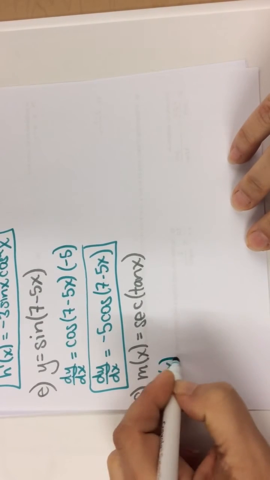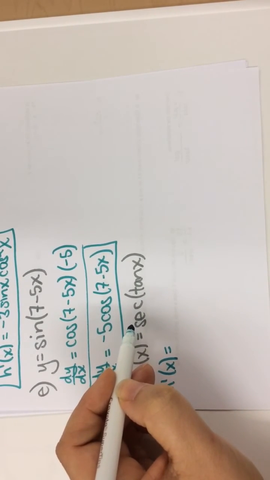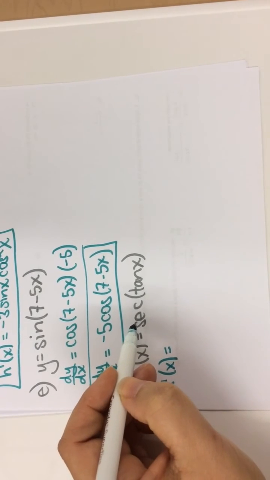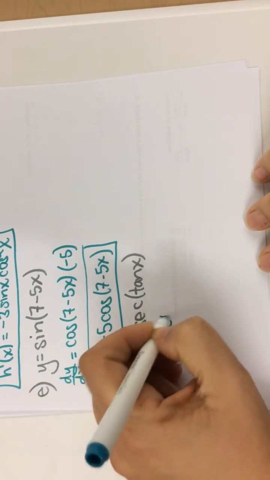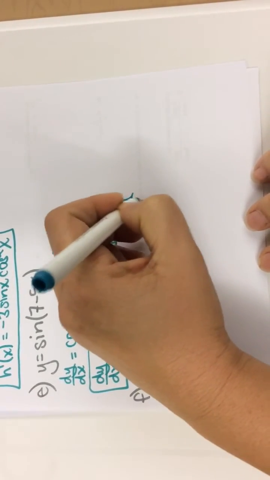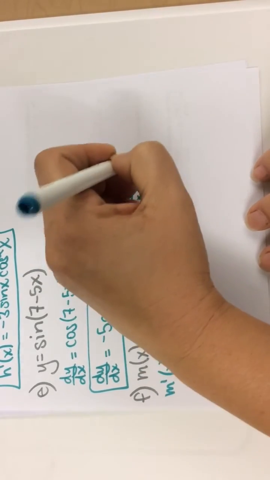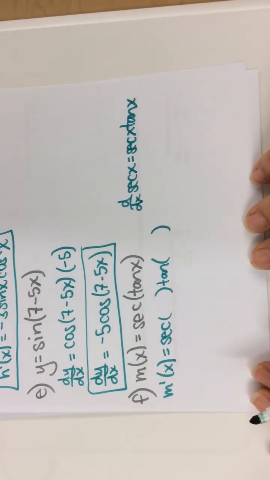The outside is secant. What's the derivative of secant? The derivative of secant is secant tangent. Usually, we just say the derivative of secant x is secant x tangent x.